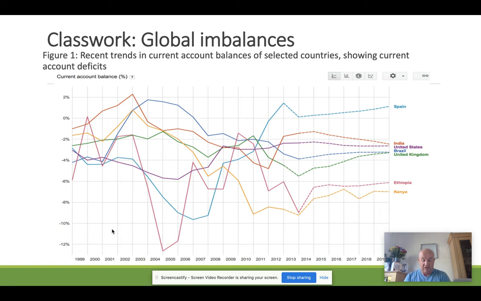Okay, so if you're exporting more than you're importing, you as a country will be running a current account surplus. But in this instance, where we're looking at the charts here, most of these countries are actually importing more than they're exporting overall, and as a result of that, they have a current account deficit. So any country that has a line that is below 0% is running essentially a current account deficit.